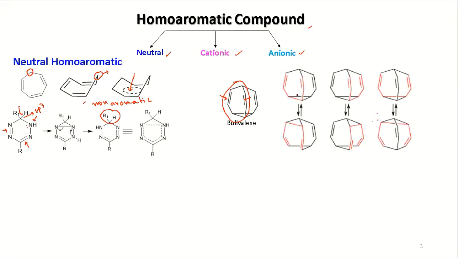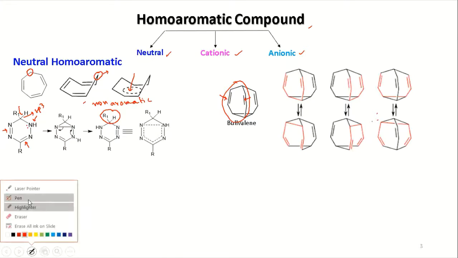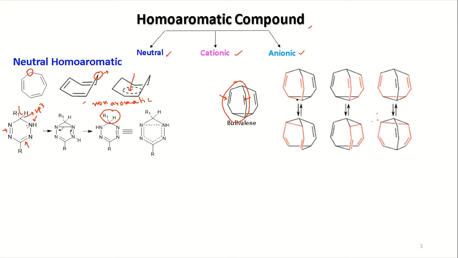Looking at the individual structure, this is happening. Let me write in a different color so it will be more visible. What you can think is this is coming here, this is making the sigma bond and this is coming here. In this way you have this structure.